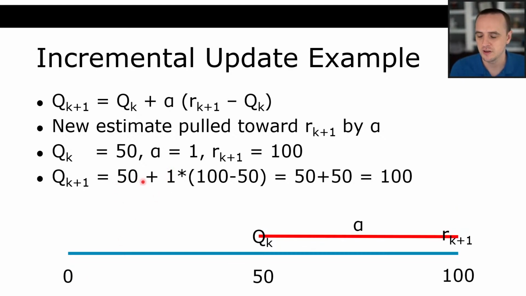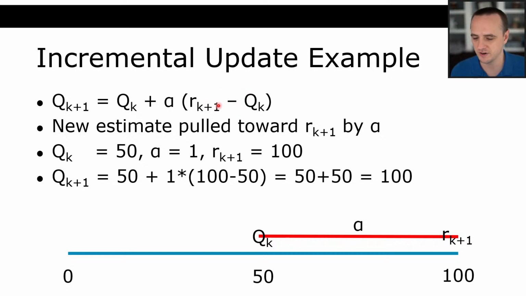So here's the example where alpha is equal to 1. Let's look at these individual terms. This term right here, RK plus 1 minus QK, what is that? Well, that is the new sample minus the previous estimate. So it's the difference between what we just saw and what we previously believed.